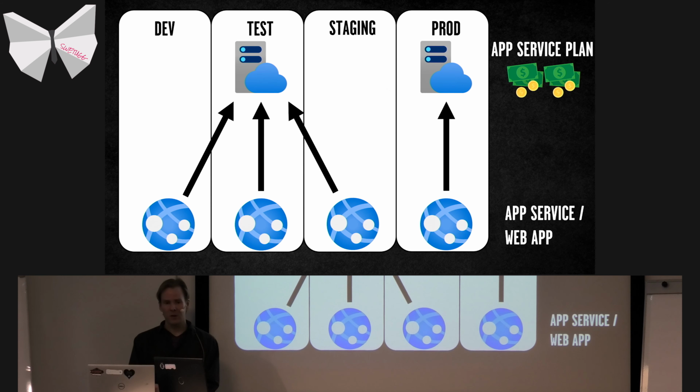So I will not create a new app service plan for the development environment and not for the test environment, not for the staging environment. And there's also an if function that you can use to modify the configuration for the app service so that the development app service points to the test app service plan.